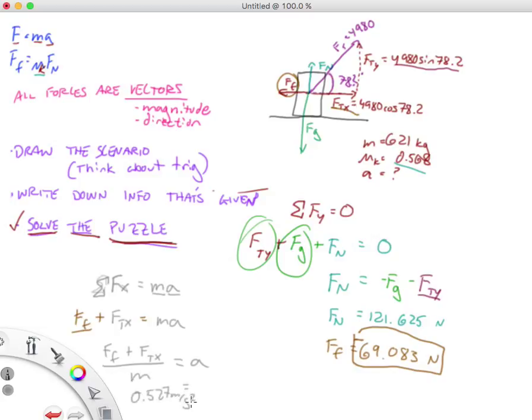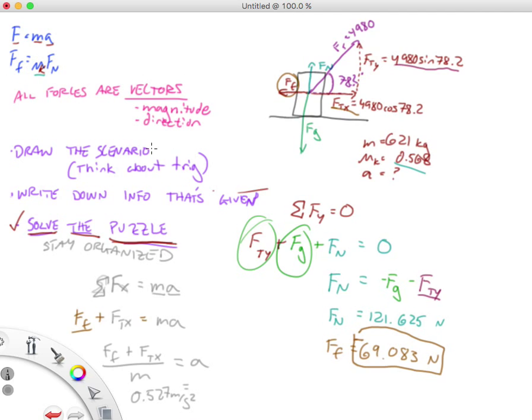Now the reason I went through this entire problem is because there are lots of steps, and lots of places where you could go wrong, so you've got to keep everything very organized. In solving the puzzle, make sure that you stay organized. These are general principles for solving a problem in physics. In general, know that these are the equations that you use.